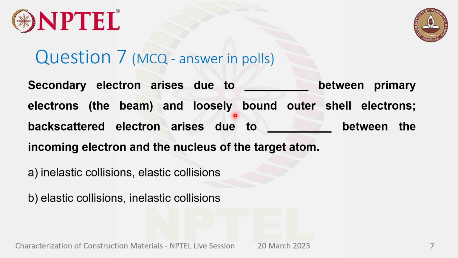The electron beam comes and knocks out the outer shell electron; that is where the secondary electron arises. When it comes to backscatter electrons, the primary electron goes and hits the nucleus of the target atom and comes back directly, and it is detected by the backscatter electron detector, right?